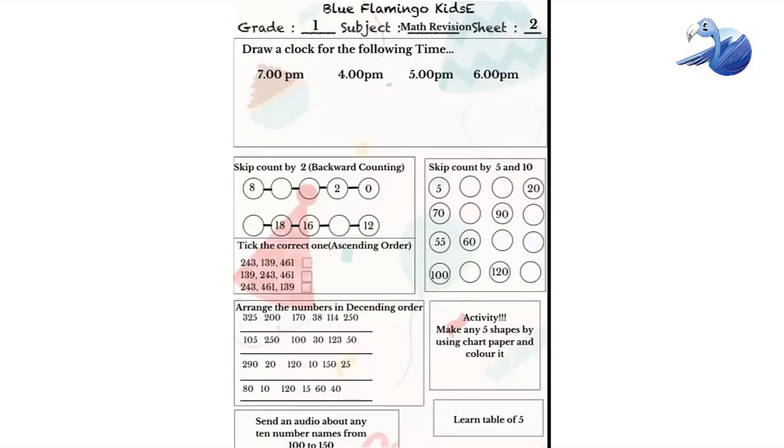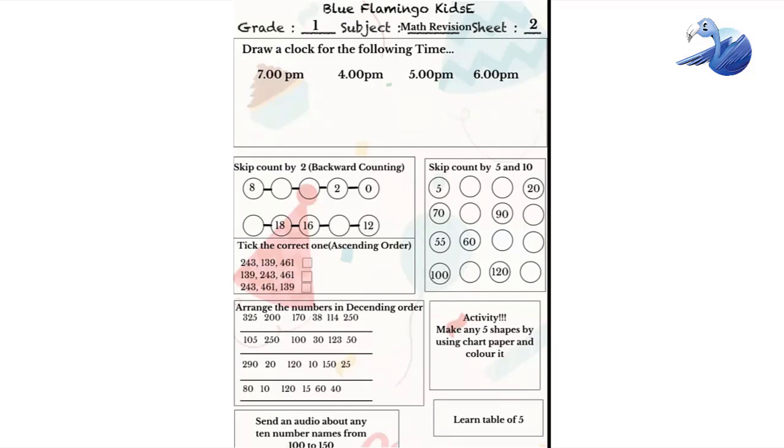The next question is, send an audio of any 10 number names from 100 to 150. Everyone learn the number names or spellings of 100 to 150, then send.